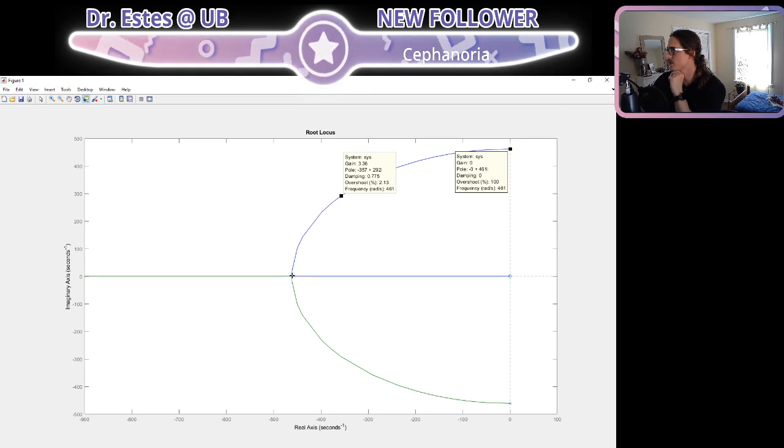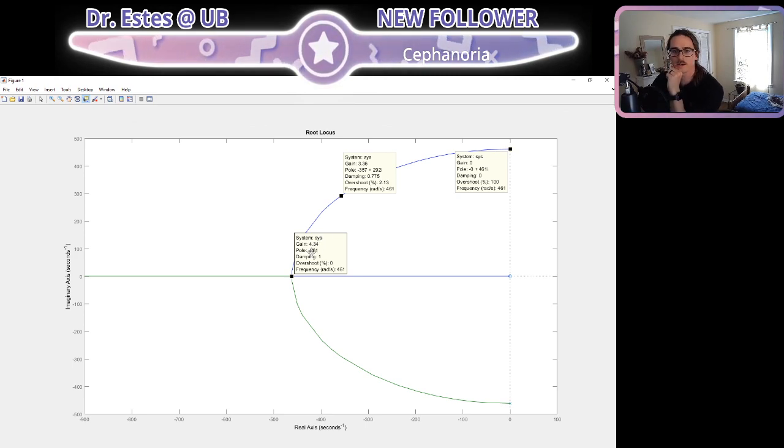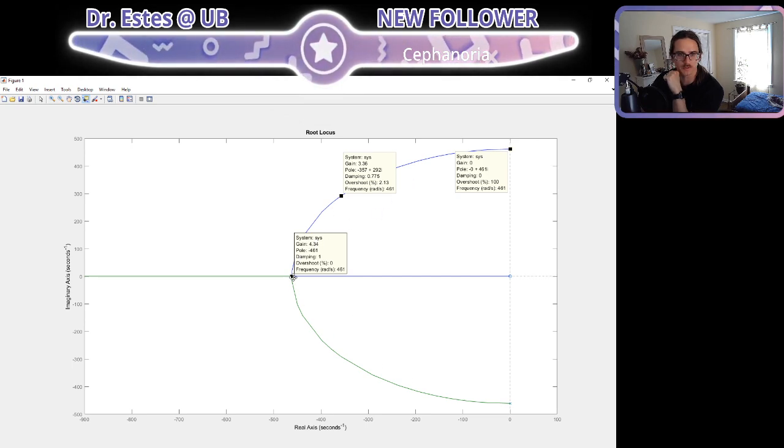And once we get the resistance equal to 4.34, then we have critical damping, where we have repeated real roots. So the blue root and the green root converged here on the real axis, and there's two roots that coincide right there.